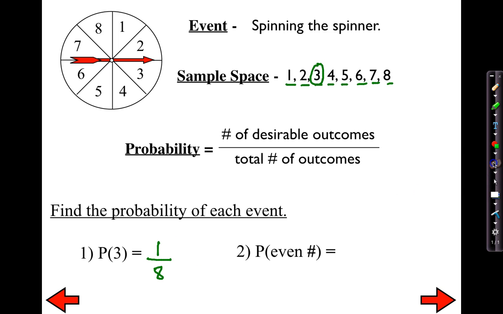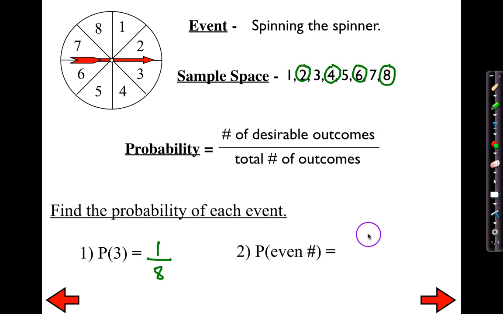Now what about the probability of spinning an even number? First, we're going to look at the number of desirable outcomes. We're looking for all even numbers, so 2 is even, 4 is even, 6 is even, and 8 is even. So how many possible ways was there? 1, 2, 3, 4.